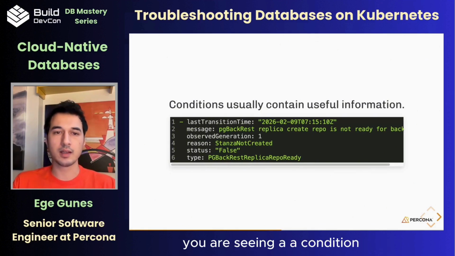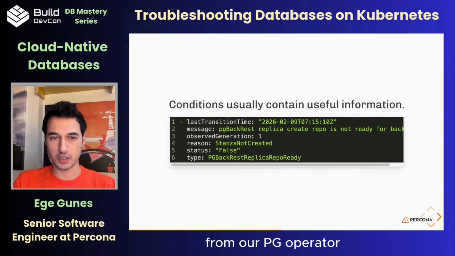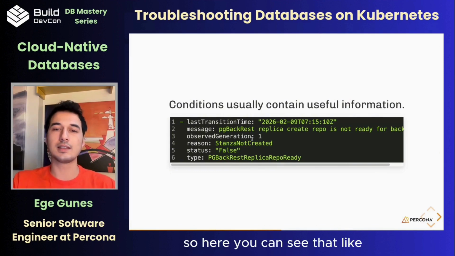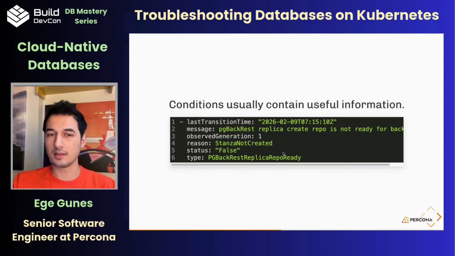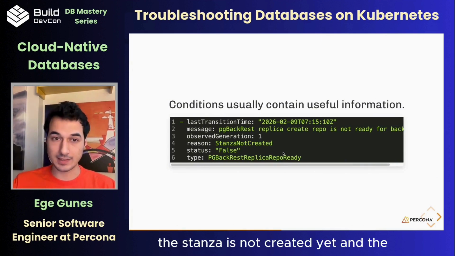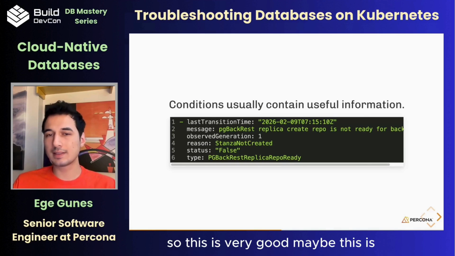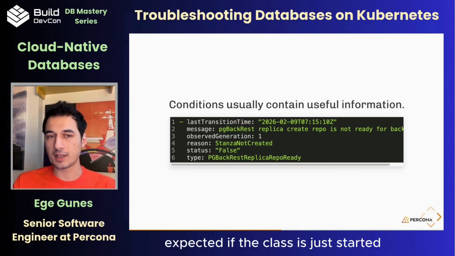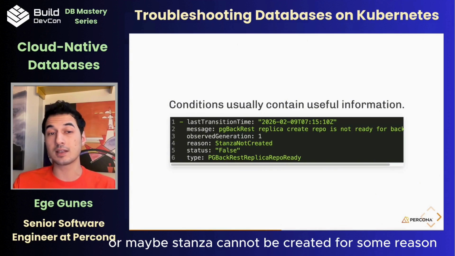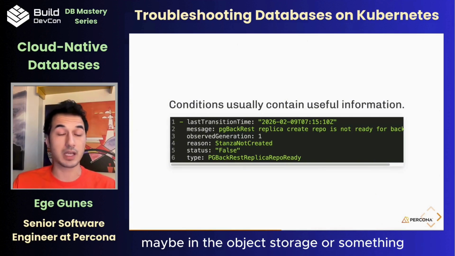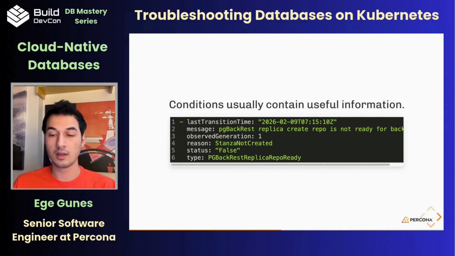We are seeing a condition from our Postgres operator. Here you can see that the stanza is not created yet, and you cannot use the replica create method in Patroni to create new replicas. So this is very good. Maybe this is expected if the cluster has just started, or maybe the stanza cannot be created for some reason, maybe in the object storage or something.